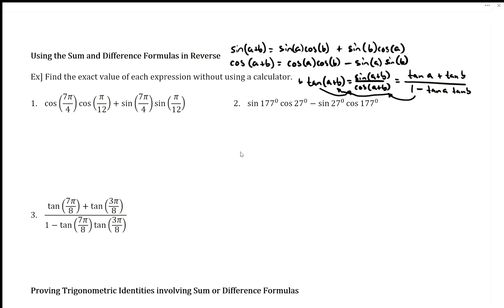On number 1, we see the 7 pi over 4 is on the unit circle, but the pi over 12 is not on the unit circle. So these are both on there, but we can't do the pi over 12 part right away. Then we notice I've got cosine, cosine, and then sine, sine, with a plus in the middle.